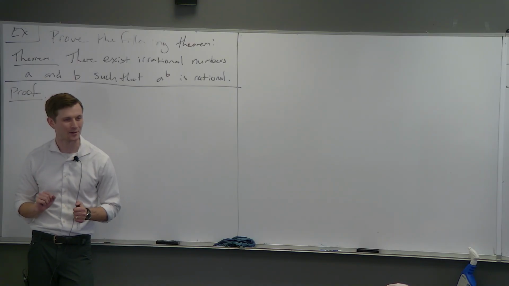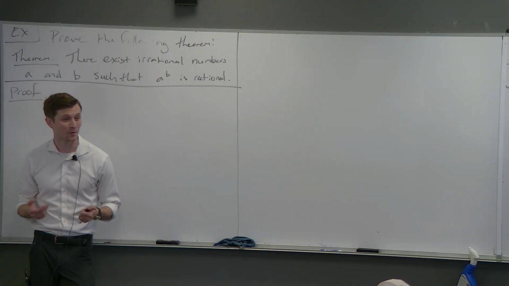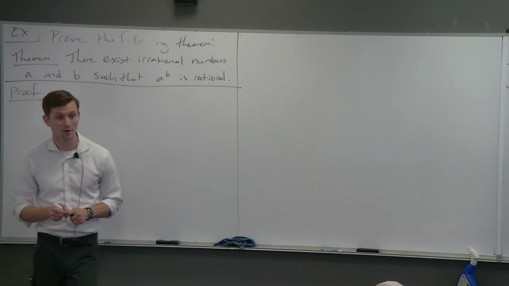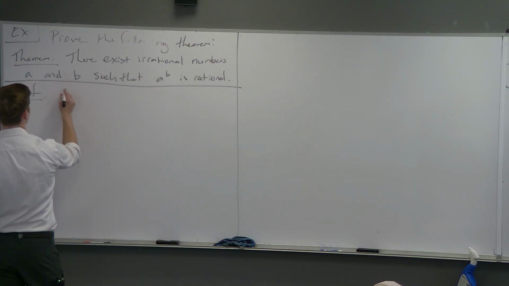How can we go about showing this? I would start by picking the only irrational number we certainly know at this point. Square root of 2? Yeah? Okay. So, to begin, we will say the following.